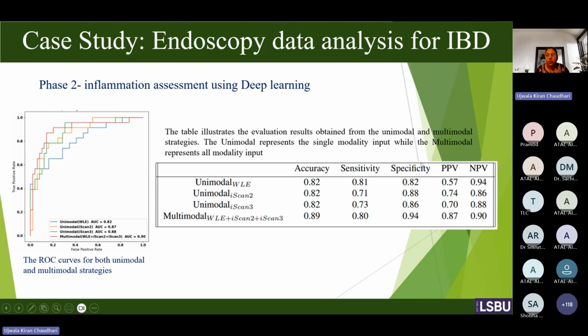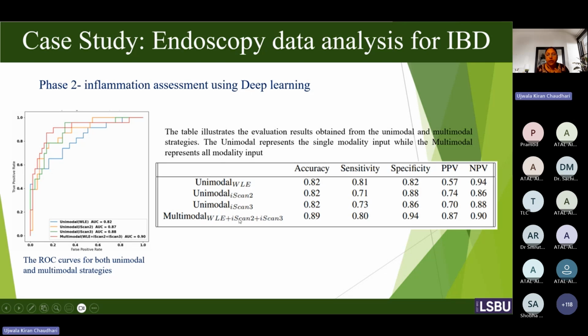Then there are positive predictive values and negative predictive values. Whatever we calculate from the confusion matrix, true and false positives and negatives, all these different parameters are calculated. So it is calculated for unimodal for white light, iScan 2, iScan 3, and then for multimodal also.